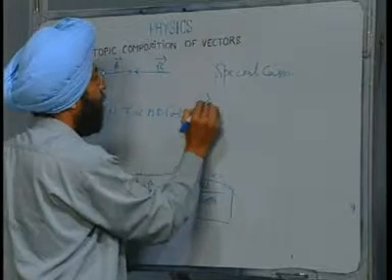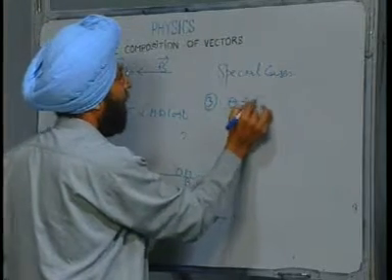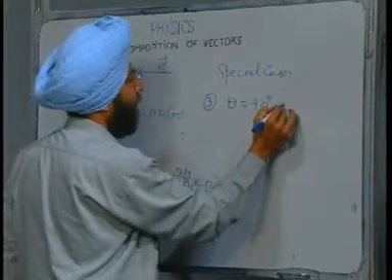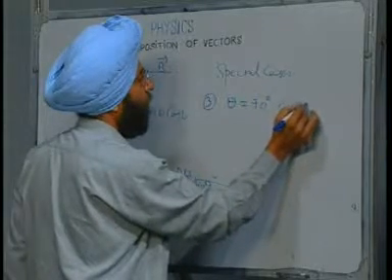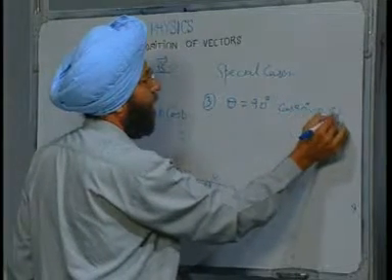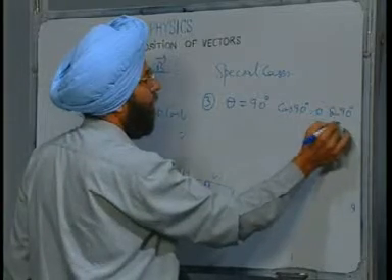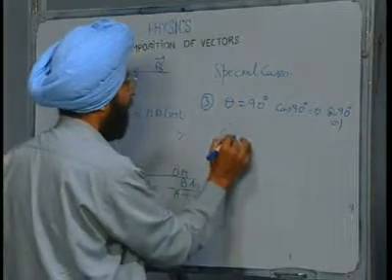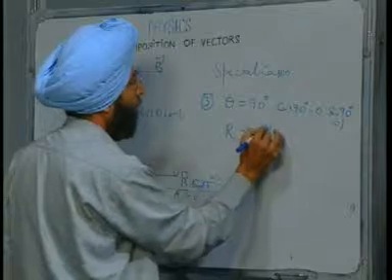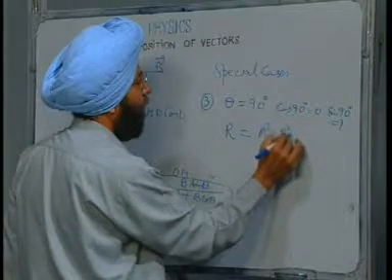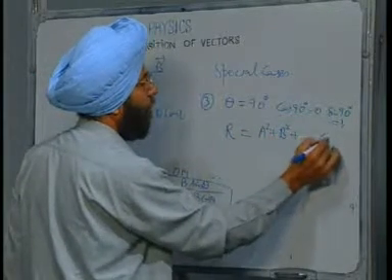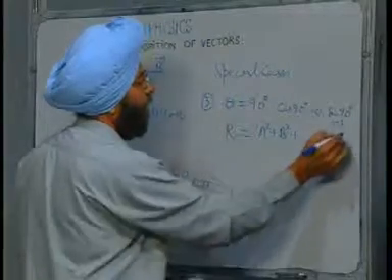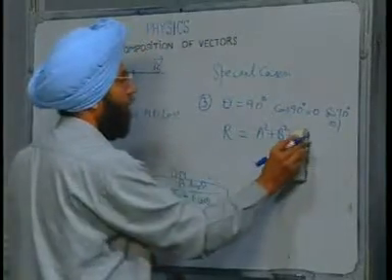Third case is theta is 90 degree. In this case, cos 90 degree is 0, sin 90 degree is 1. So, we will find R is equal to the square root of A square plus B square plus 2AB cos 90 degree. Cos 90 degree is 0. So, this term goes as 0.